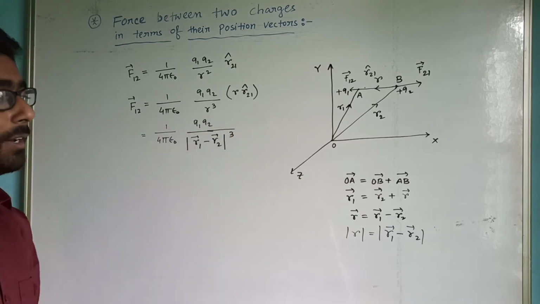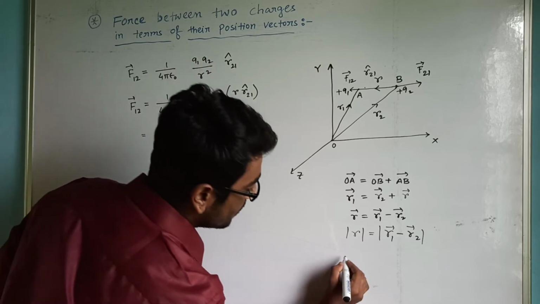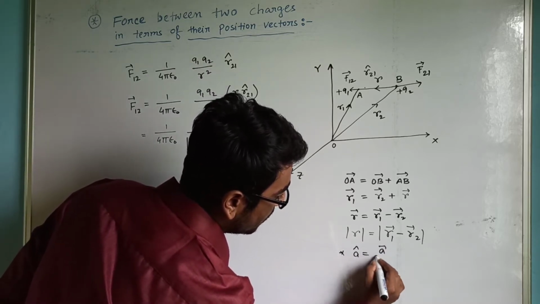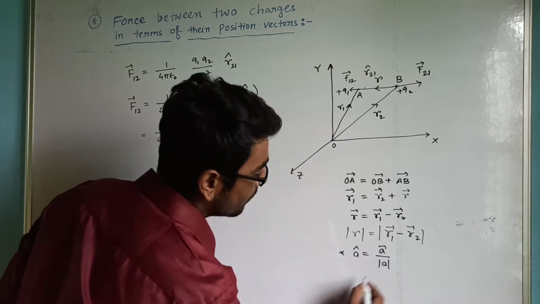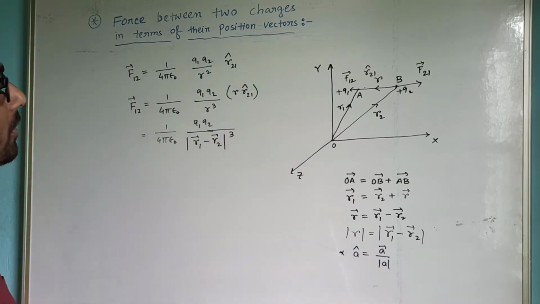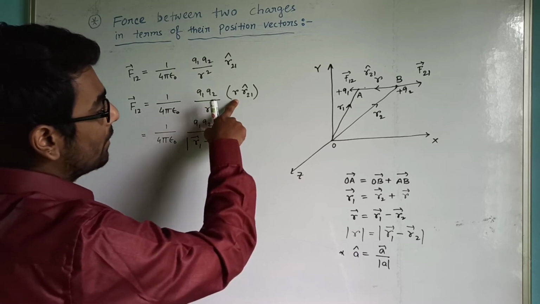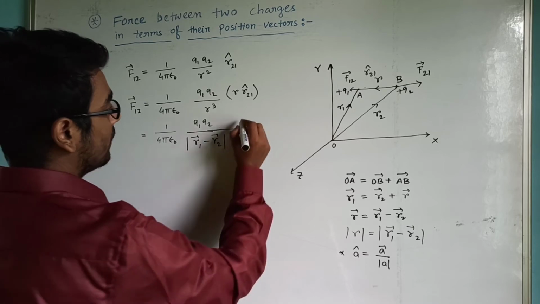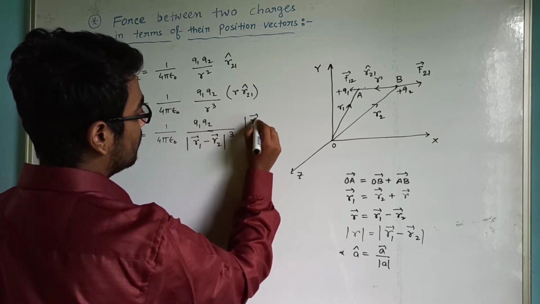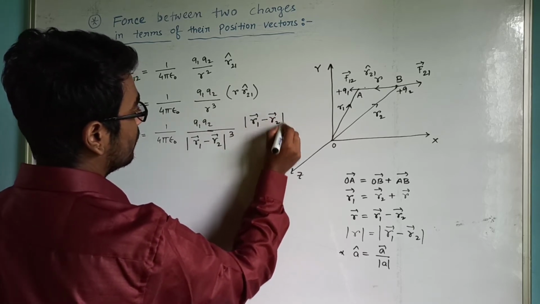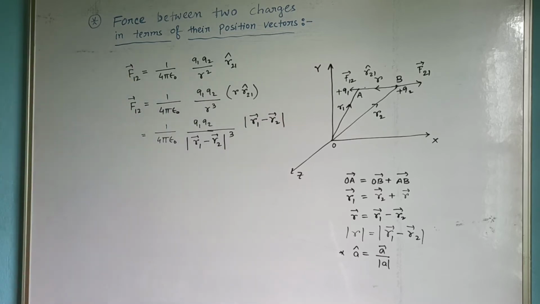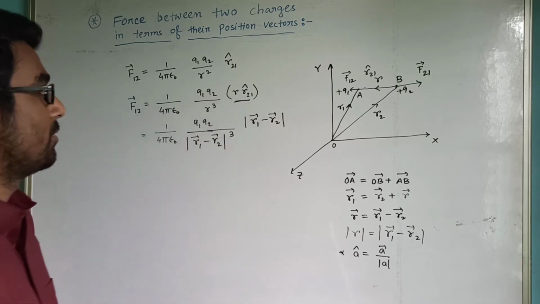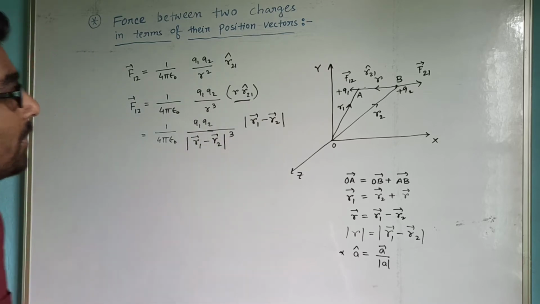We already know that A cap equals A vector by mod A. So R, the magnitude, into R cap will be the R vector, and the R vector is r1 minus r2 vector. It is as simple as that.